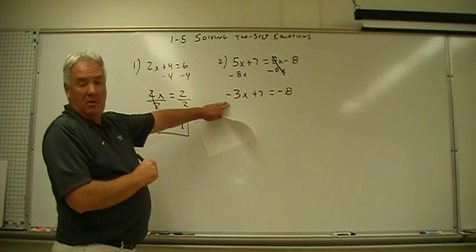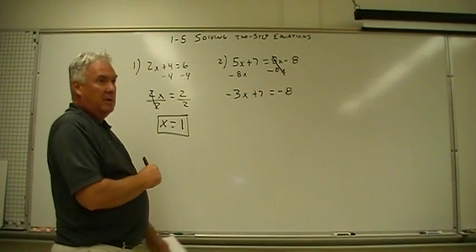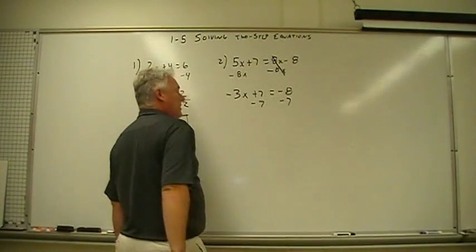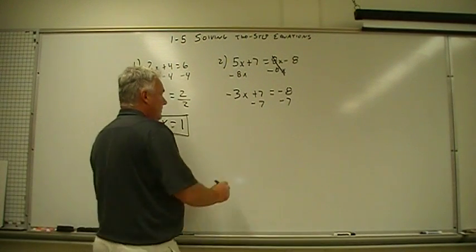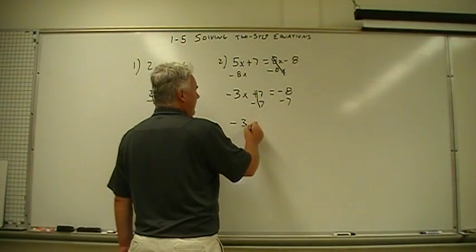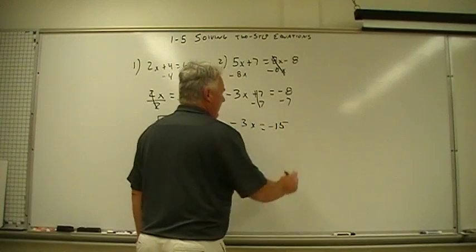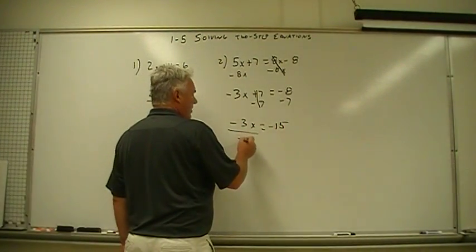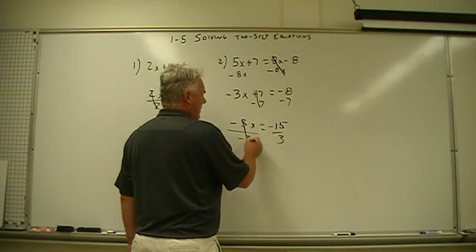Hey, guess what? We're at a two-step equation. Everything else still applies. Same deal. So negative 3x equals negative 15. In this case, we'll divide both sides by negative 3.